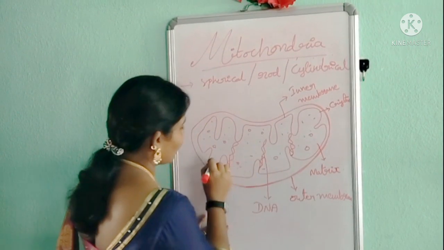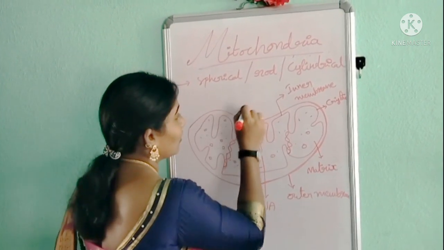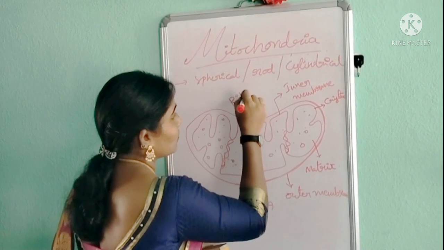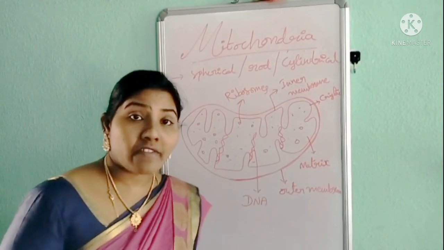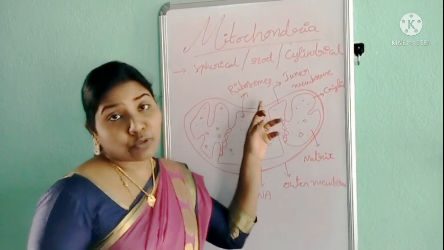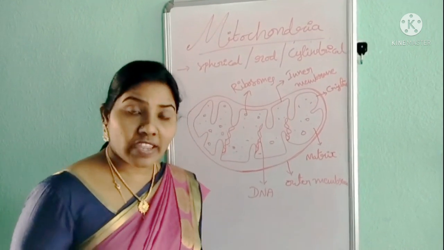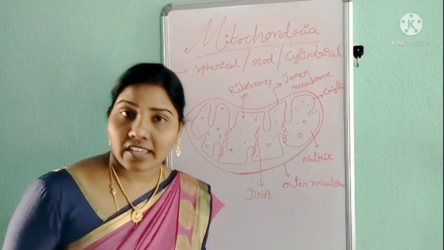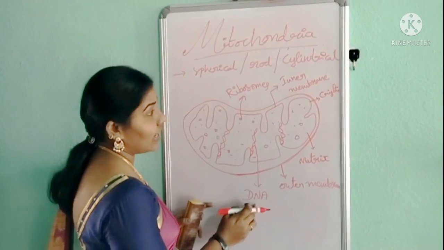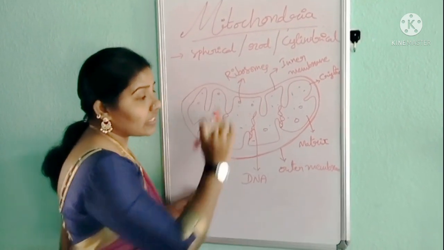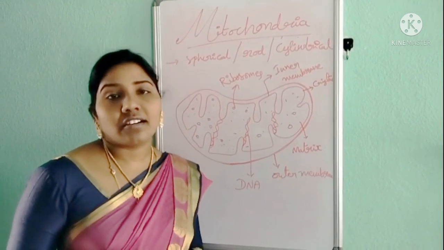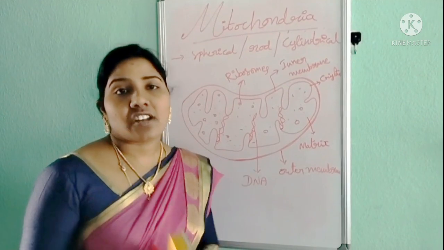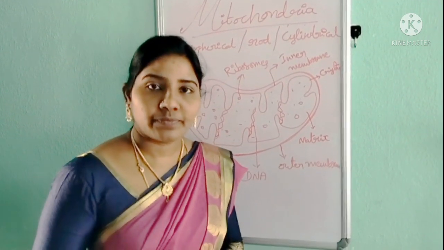So these structures are called ribosomes. Mitochondria have DNA and ribosomes of their own, that's why they carry out activities on their own. This is DNA and this is ribosomes. These are the main parts of mitochondria. Now we will learn about the complete structure in the coming video.